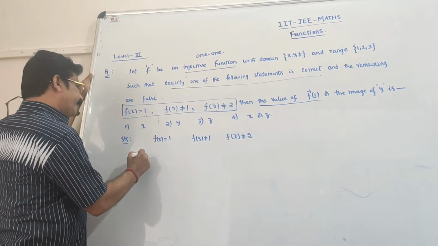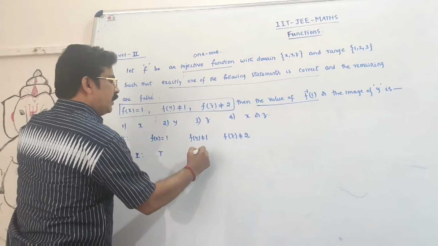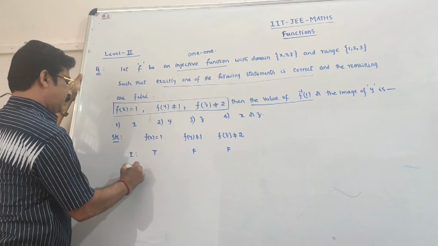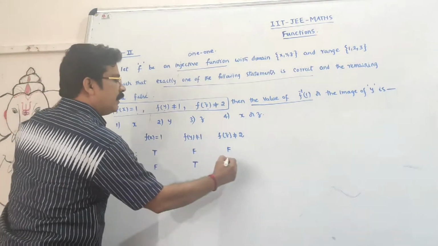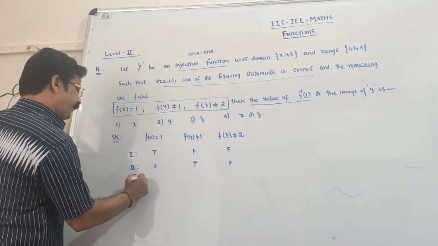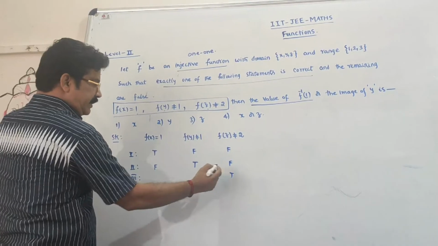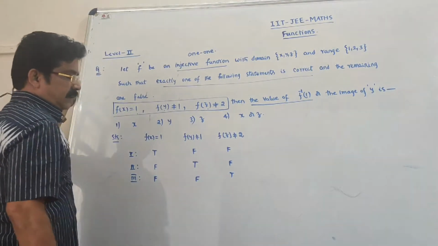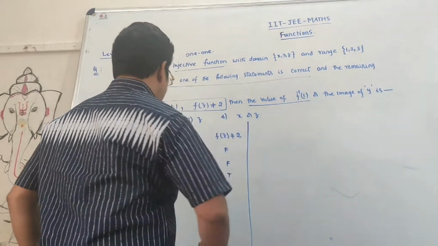Case 1: the first one is true, the remaining two statements are false. Case 2: the second one is true, the remaining are false. Case 3: the third statement is true, the remaining false. Okay.